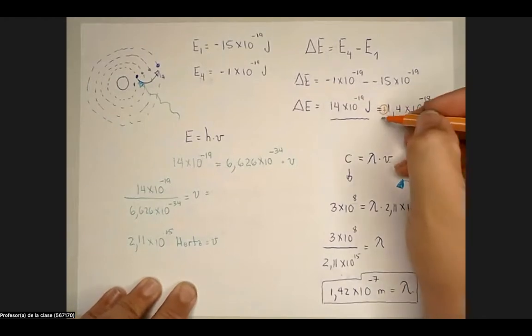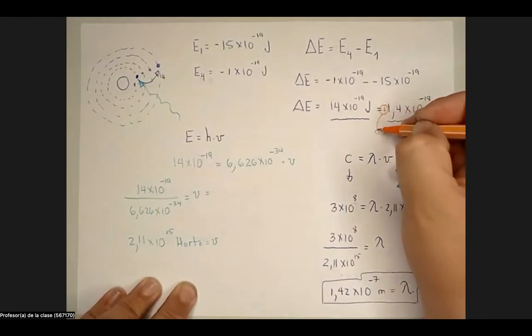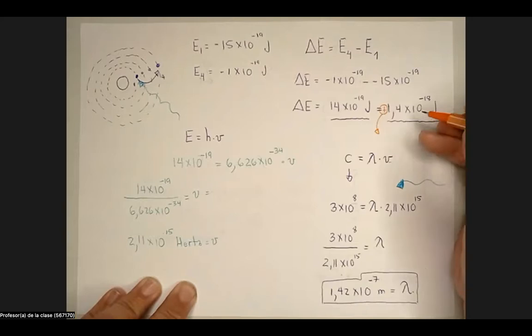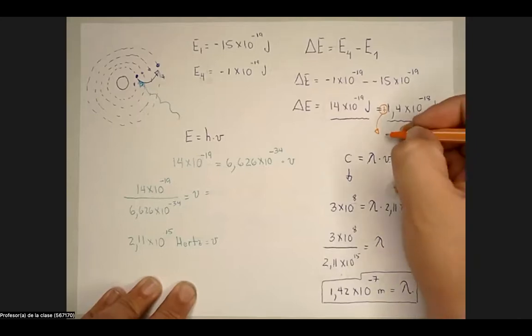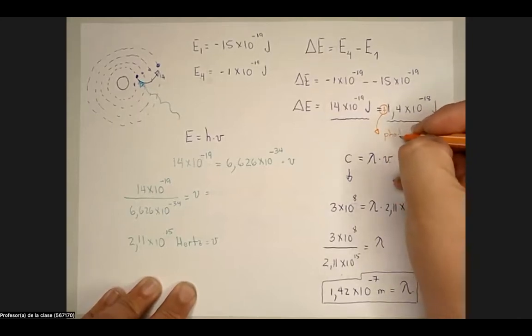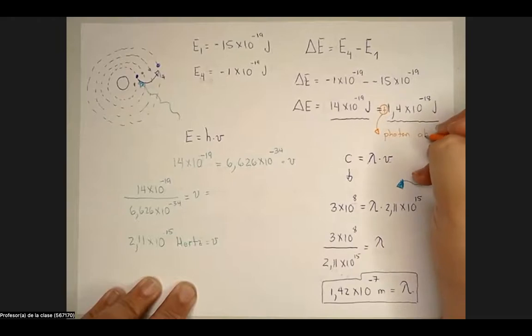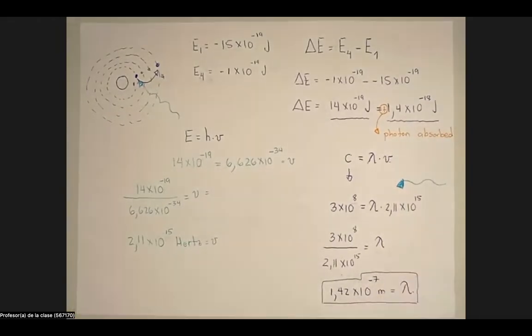I will do the interpretation here that the positive sign on the difference of energy means that the photon is absorbed.